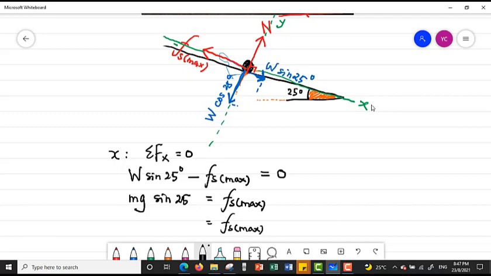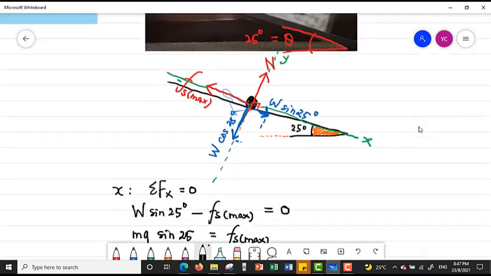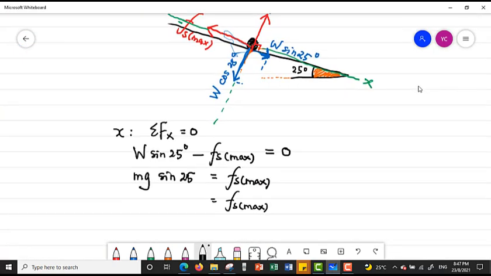So teacher put in the value. The mass is how much? 3 kg, sorry. So the mass is 3 kg times 9.81 sine 25. So we get the static friction force when we do calculation with our calculator.